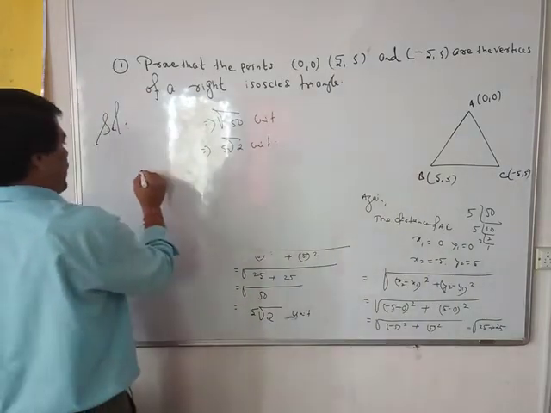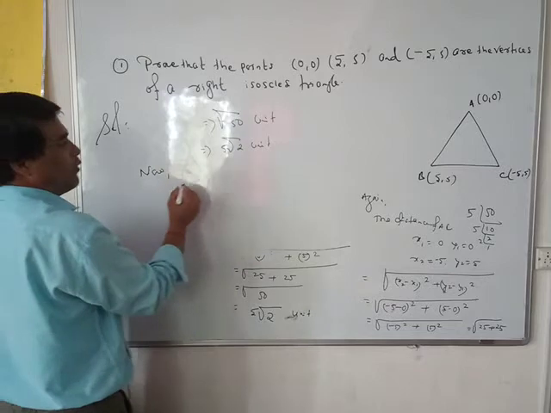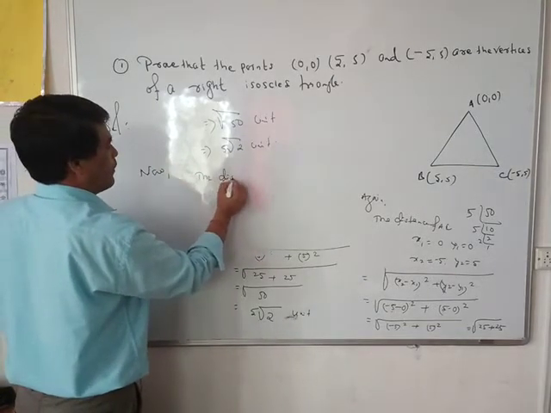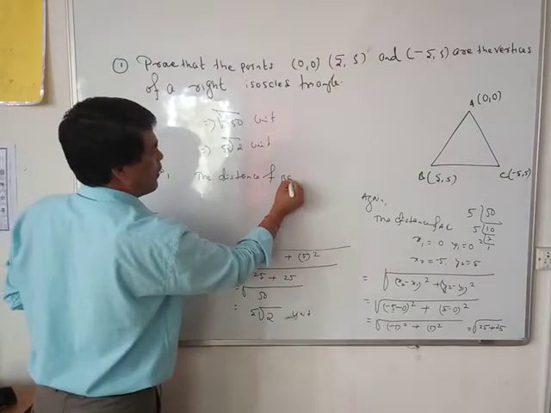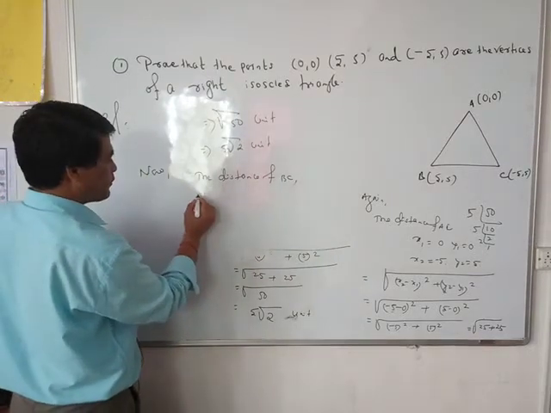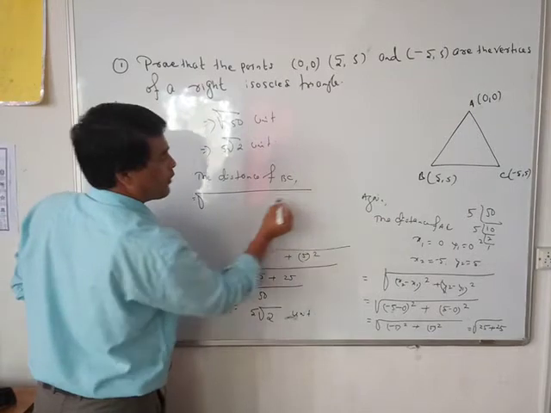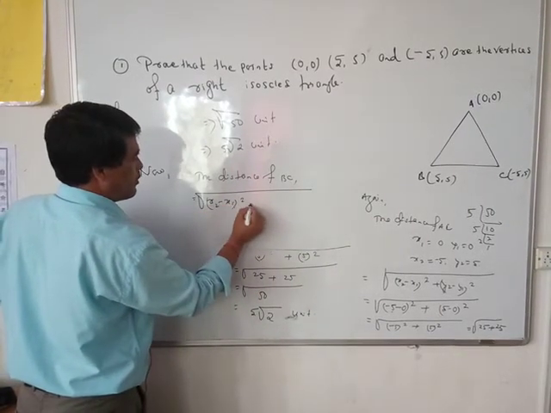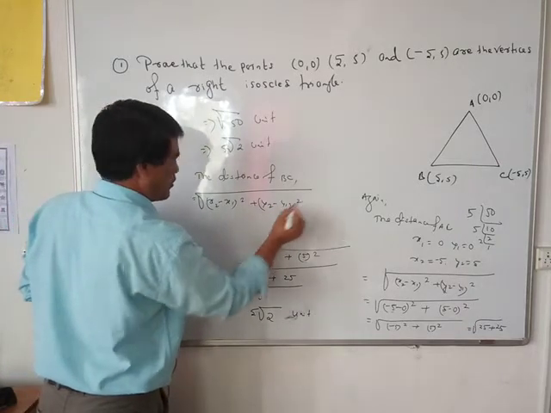Then again we have to find the distance of BC. Use the distance formula, (x2 minus x1) whole square plus (y2 minus y1) whole square.